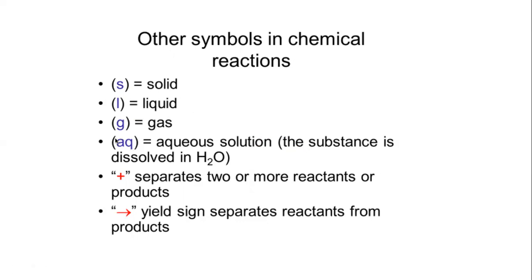There's also an aq symbol, which means an aqueous solution, and these are when the substances are dissolved in water. Then we also have the plus, which separates two or more reactants or products, and again, the yield sign that separates the reactants from the products. These are important symbols that you should know.